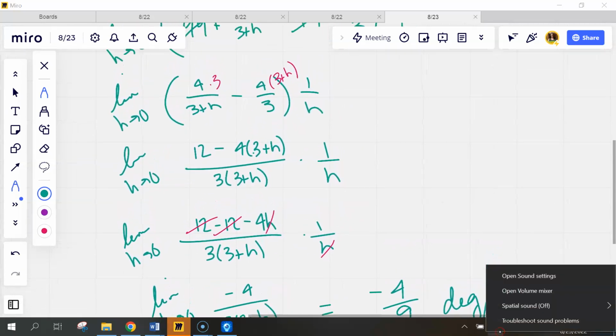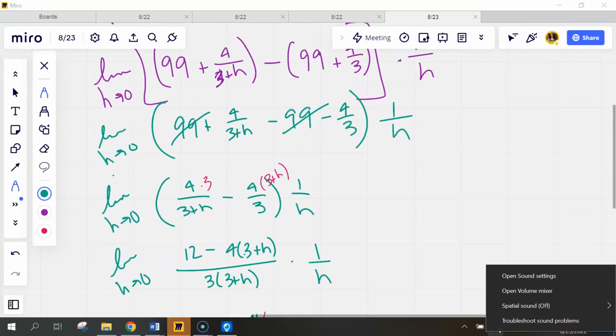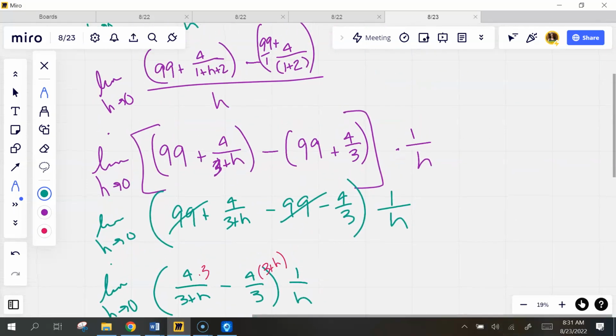In red? Here. Here. Okay, so I didn't combine that with the 99.